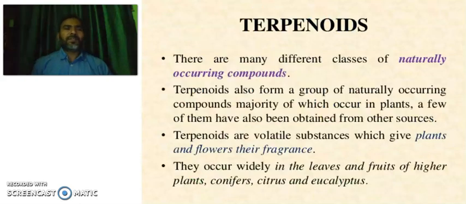So friends, what are terpenoids? This is Unit 1, 4th semester. What are terpenoids? There are many different classes of naturally occurring compounds. Terpenoids also form a group of naturally occurring compounds, the majority of which occur in plants.